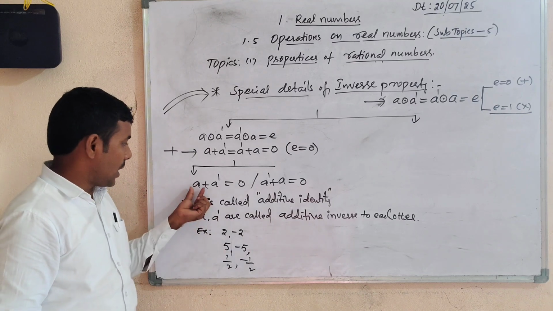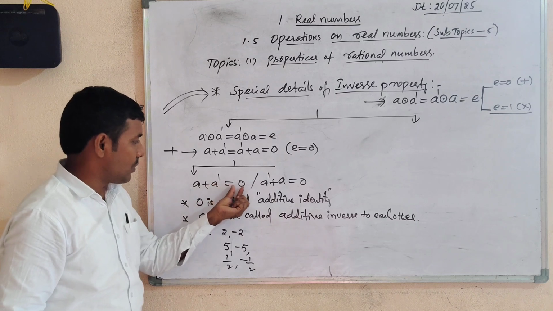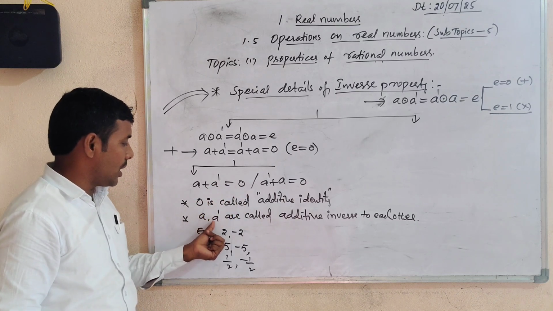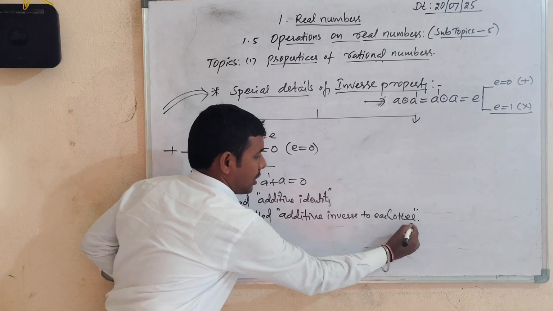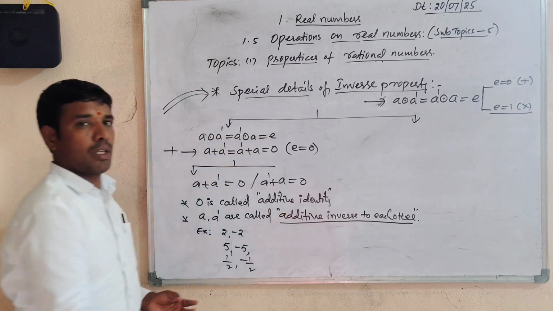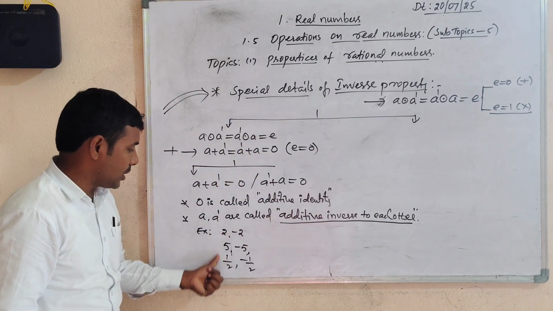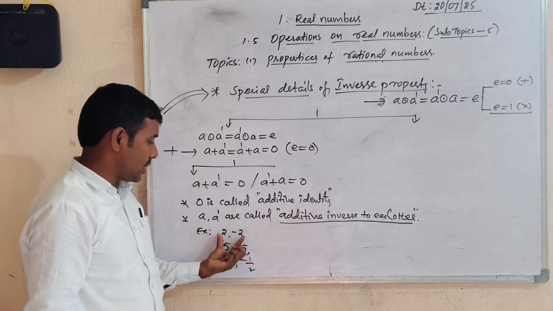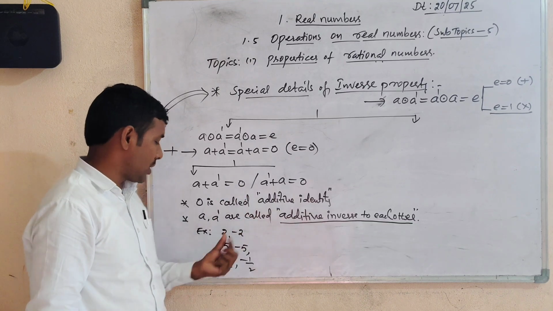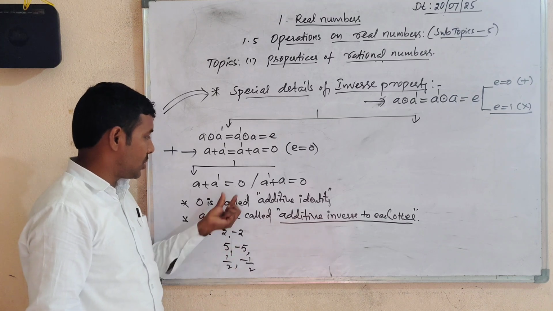A plus A complement is equal to 0, so A and A complement are called additive inverse to each other. Based on that, see my example carefully. 2 and minus 2, their sum is 0, so these two are called additive inverse to each other. 5 and minus 5, their sum is 0.